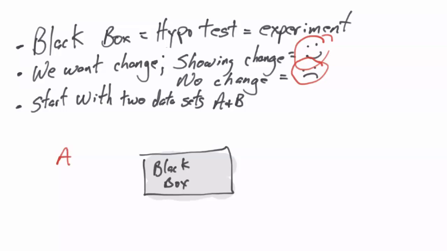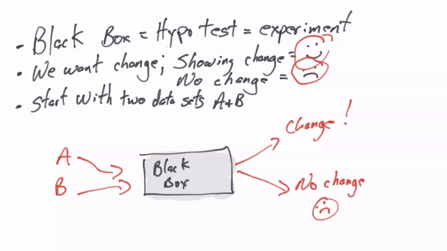I'm going to call one data set A, the other data set B. We're going to stick those data sets into the black box. Hopefully, the black box will show us that there was a change, and we can say, hooray. Sometimes the black box will show us that there was no change. No change is also the equivalent of saying if there's no change between A and B, that they're the same. Change means that they were different.